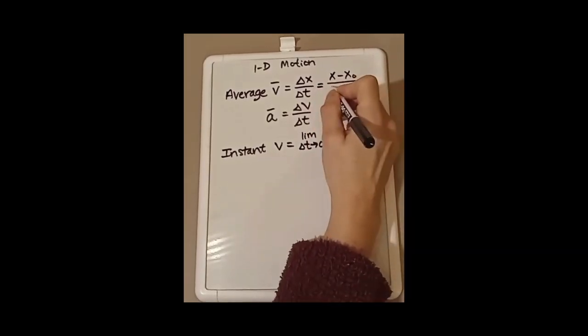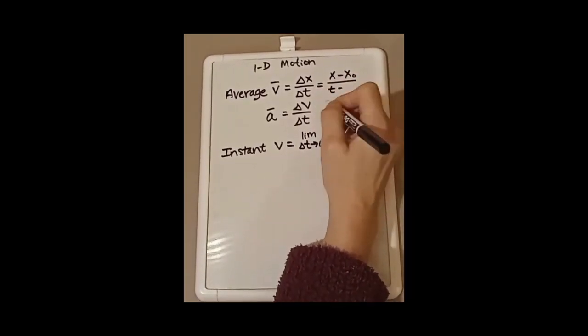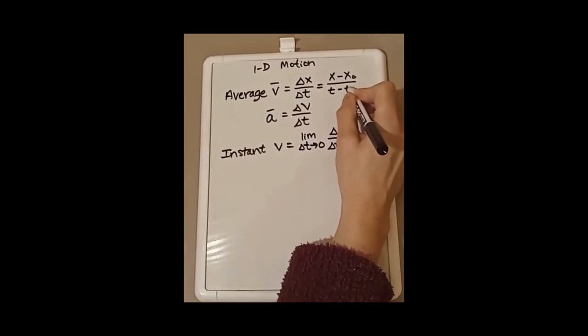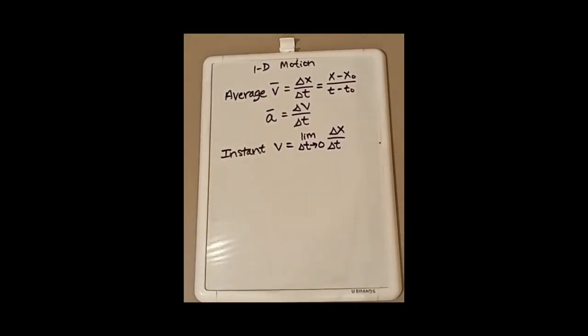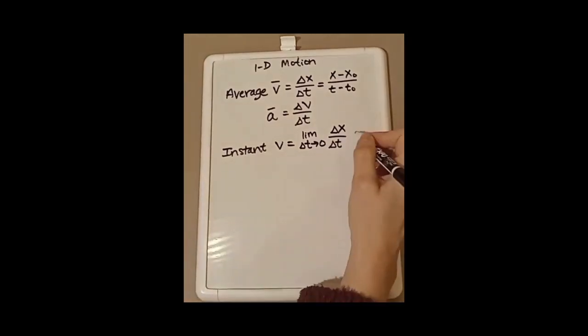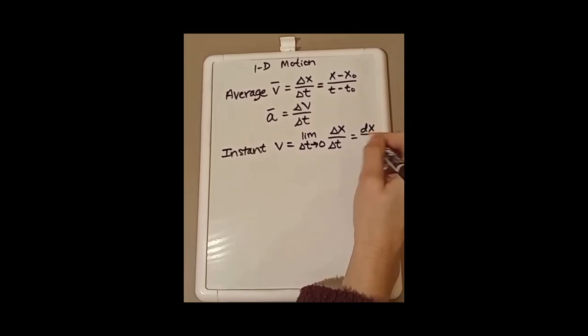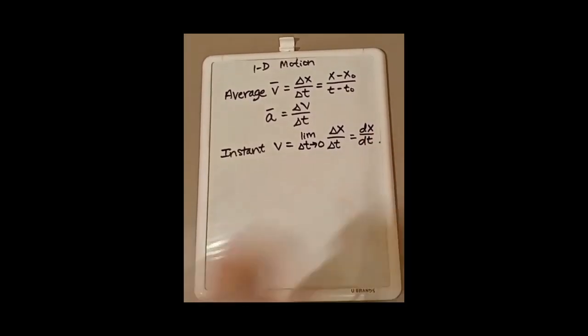And then delta t is final time t minus initial time t naught. So again, our instantaneous velocity is this limit as delta t goes to 0. And that's also how we end up with this derivative, which we called last time dx over dt. So velocity is the derivative of your position. We'll remember that here in a second.